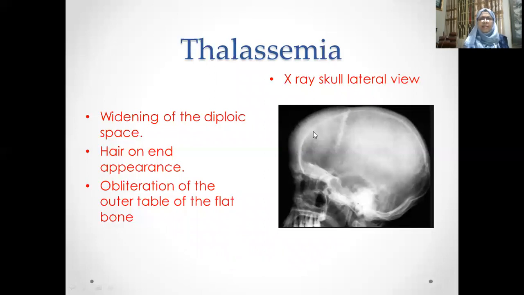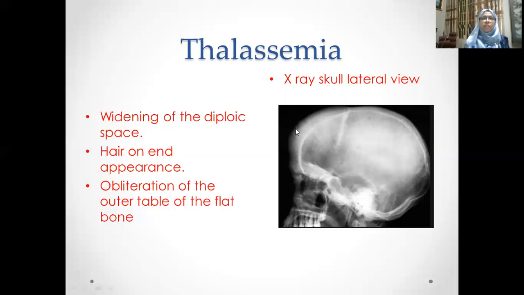This is an X-ray skull lateral view showing, from here to here, the diploic space, and there is widening of the diploic space. And this is the hair on end appearance of the skull bone, and thinning or obliteration of the outer table of the frontal and parietal bone.